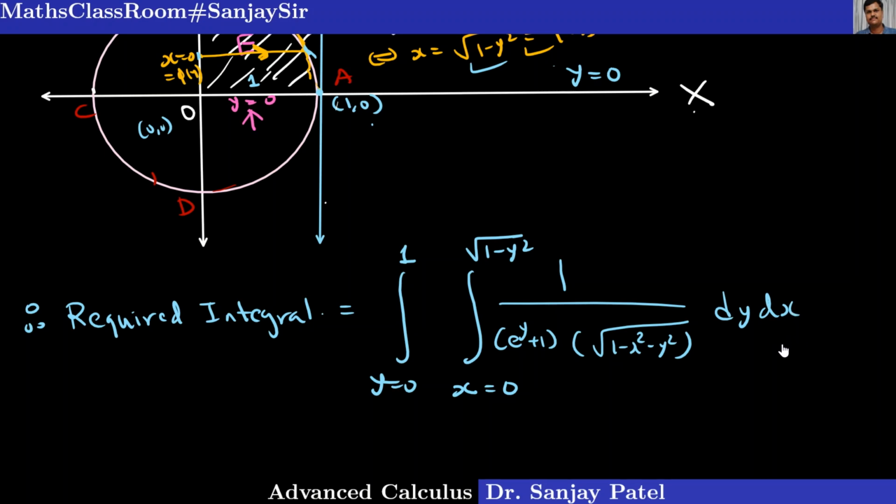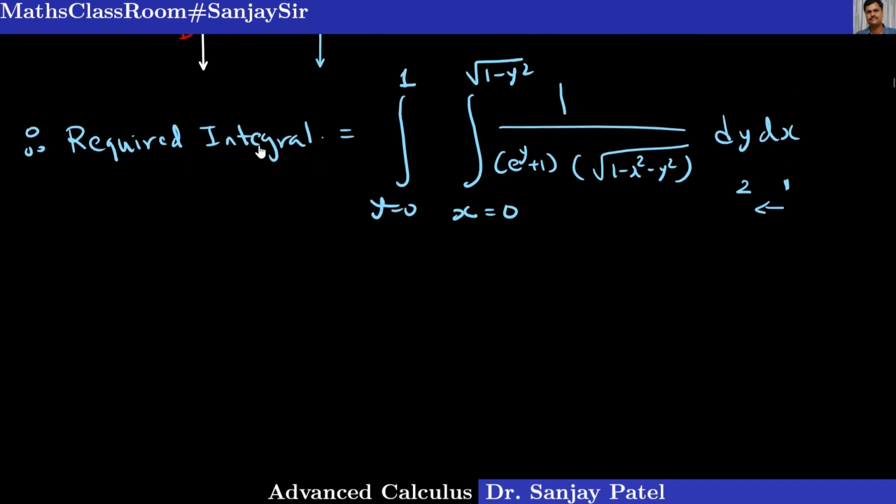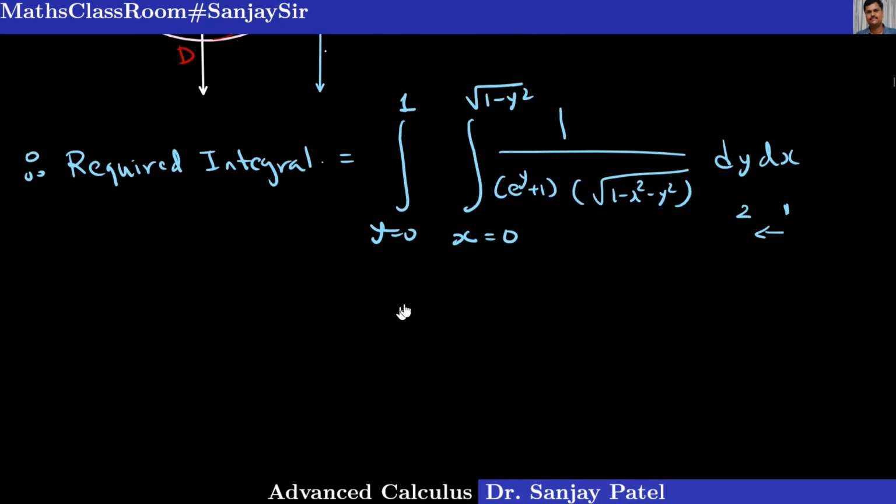So this will be the order, dx dy. So now let us evaluate. You will see that if I consider this order, the problem becomes very, very easy. This is equal to y equal to 0 to 1.